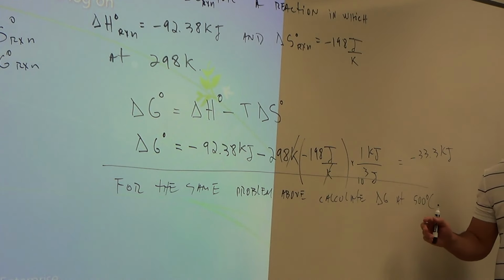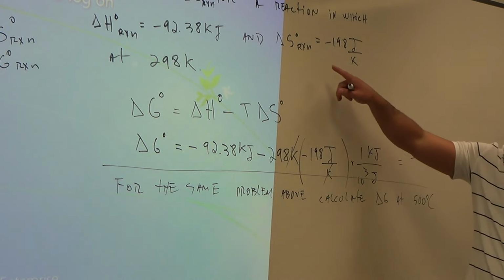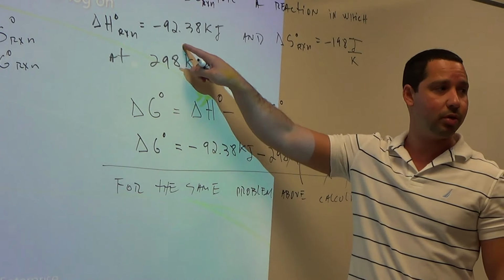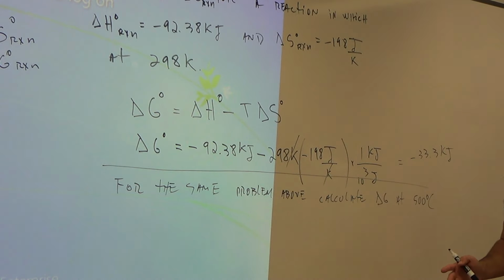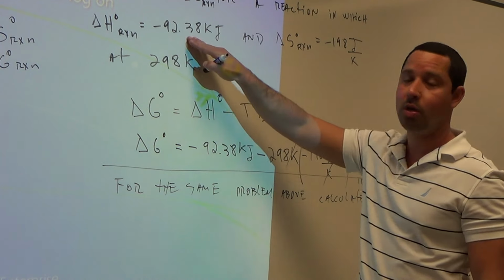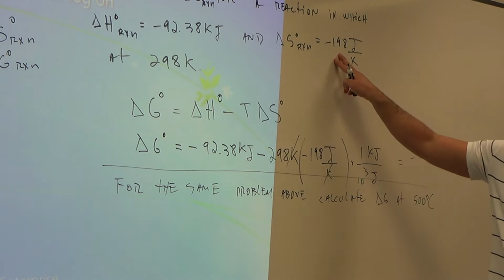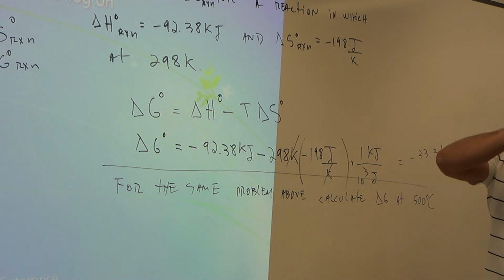Now the equation is the same. What you have to notice is that these numbers are calculated at what temperature? At 298. So, do the numbers change with temperature, yes or no? Yes, of course. This one does not change by much with temperature, but this one changes with temperature, okay? But it changes by little.